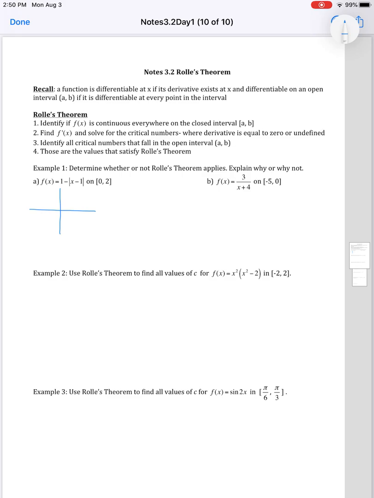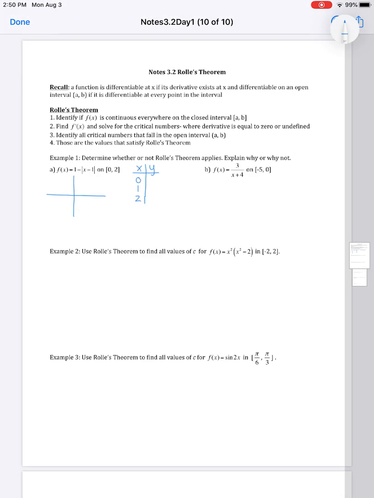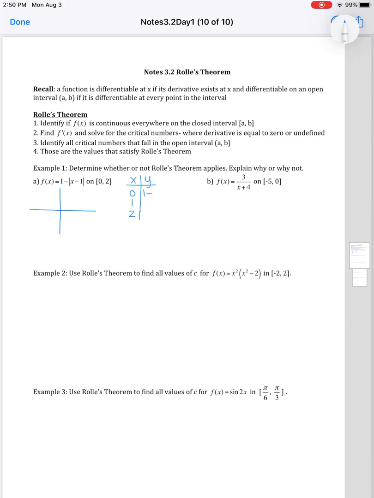So if I were to sketch this first one, I'm going to sub my points in. If I make myself a little chart here, I'm going to just do 3 points: 0, 1, and 2. If I sub 0 in, I've got 1 minus the absolute value of 0 minus 1. This is negative 1, which is positive 1, so this gets me 0.